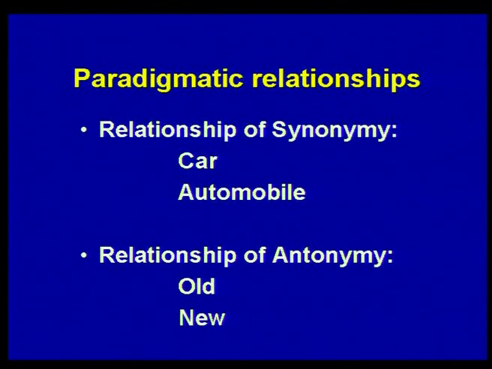Similarly, if you look at the two words old and new, in the sentences I have just bought an old car and I have just bought a new bike, the two words old and new share a relationship of antonymy. That is, they are antonyms of one another or the opposites of one another.